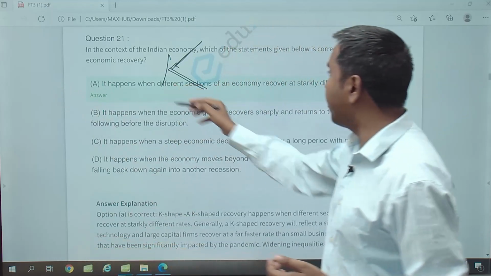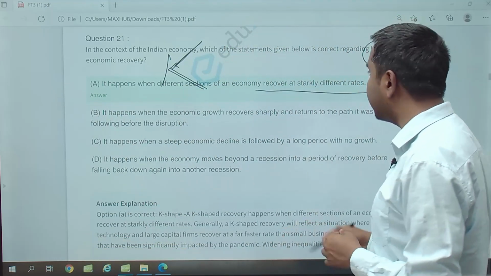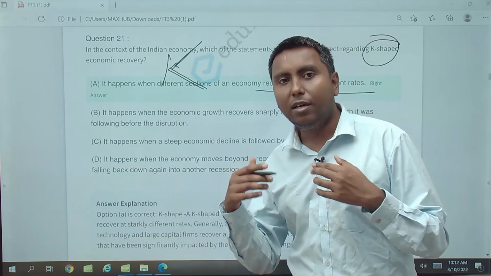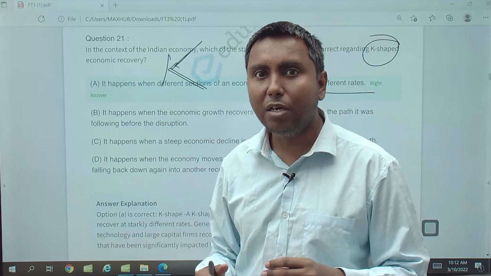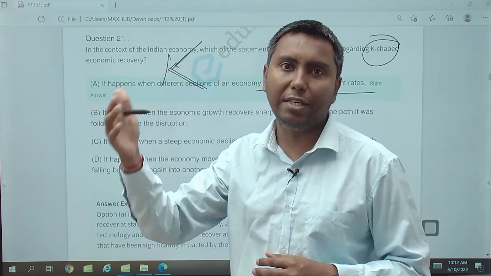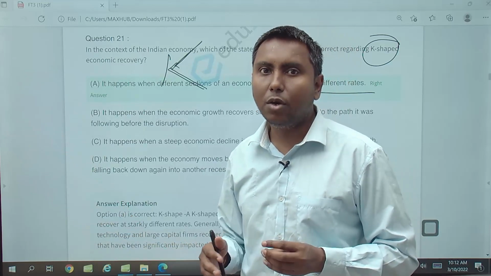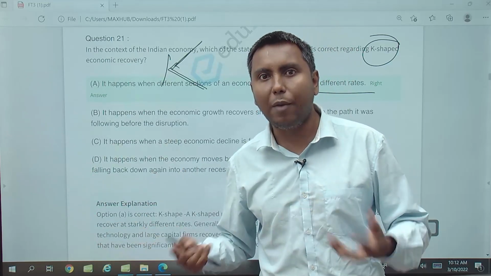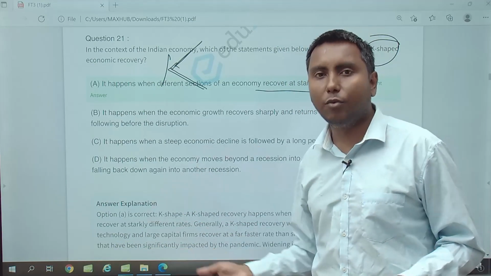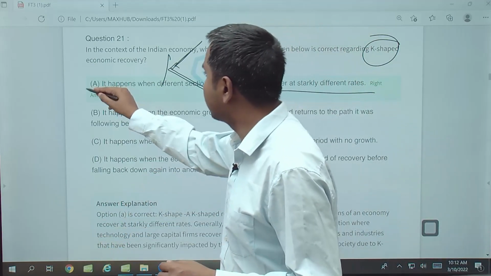Okay, so it happens when different sectors of the economy recover at a starkly different rate. There was this fear that India will have a K-shaped recovery because the bigger companies, technology giants, capital intensive companies would recover at a faster pace, while the MSMEs would recover at a slower pace, leading to a widening of inequality, these things. So A is the correct answer.